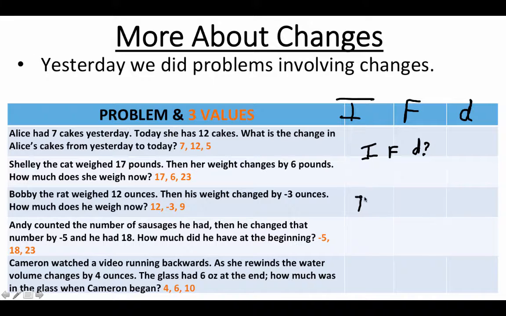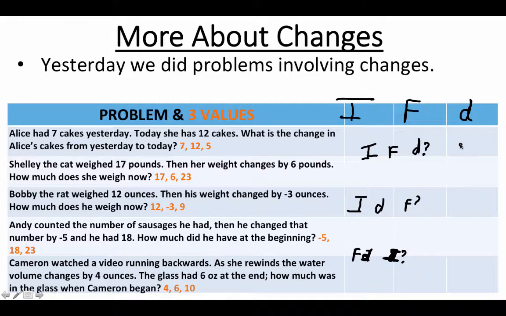If I have the initial and the change, how do I get the final? If I have the final and the initial, how do I get the change? And if I have the final and the delta, how do I get the initial? I gave you a few minutes to come up with that in class.